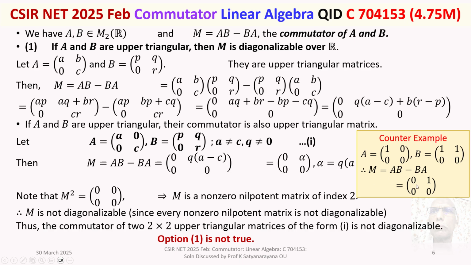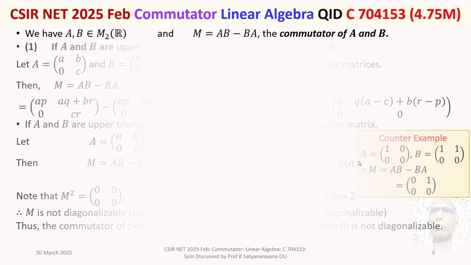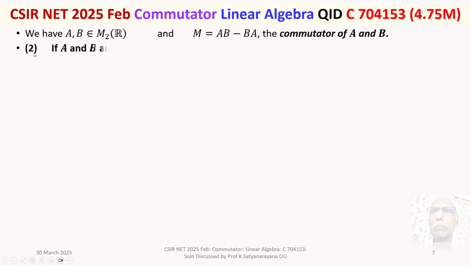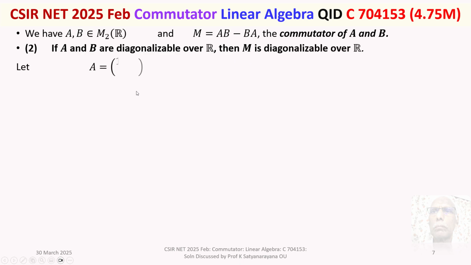And their commutator is this one. And by this same argument, M is not diagonalizable. So thus establishing the next option. So we go to option 2. If A and B are diagonalizable over R, then M is diagonalizable over R. We take this counter example.